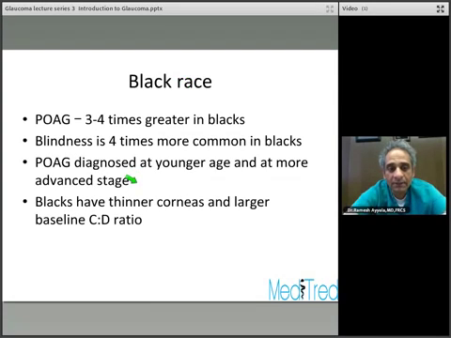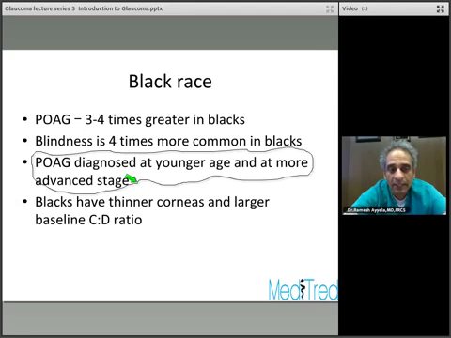So there's definitely a racial predilection for African American descent population to develop glaucoma. They're much more prone to develop damage to their optic nerves, and they're much more prone to develop glaucoma at a younger age compared to the Caucasian population.